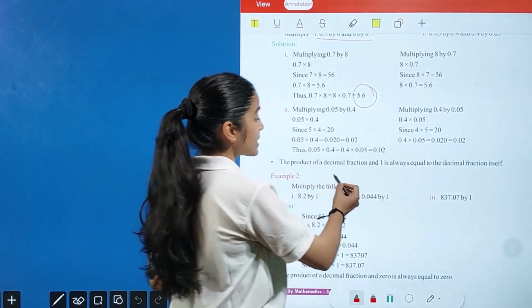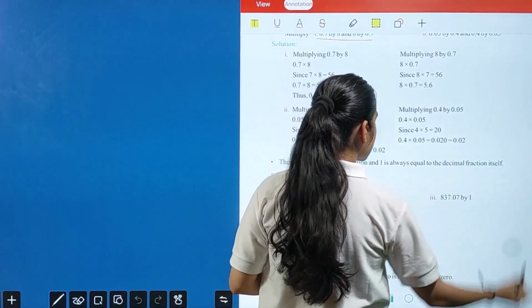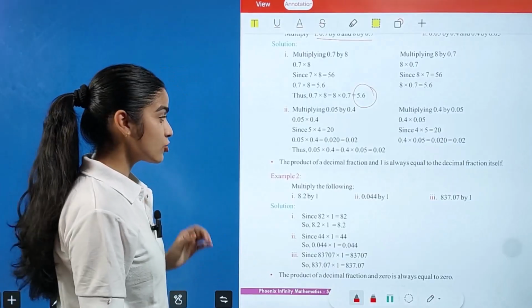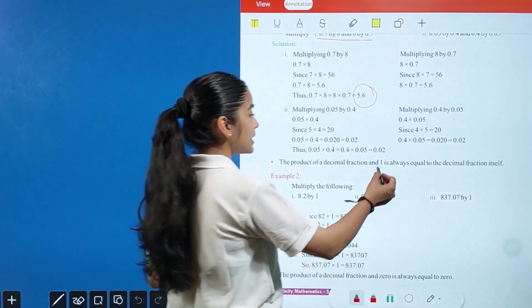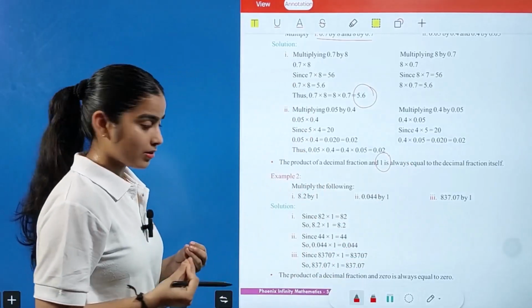The product of a decimal fraction and 1 is always equal to the decimal fraction itself. So this is your multiplicative identity, in which we understand that whenever we multiply a number with 1, the number itself is the answer.